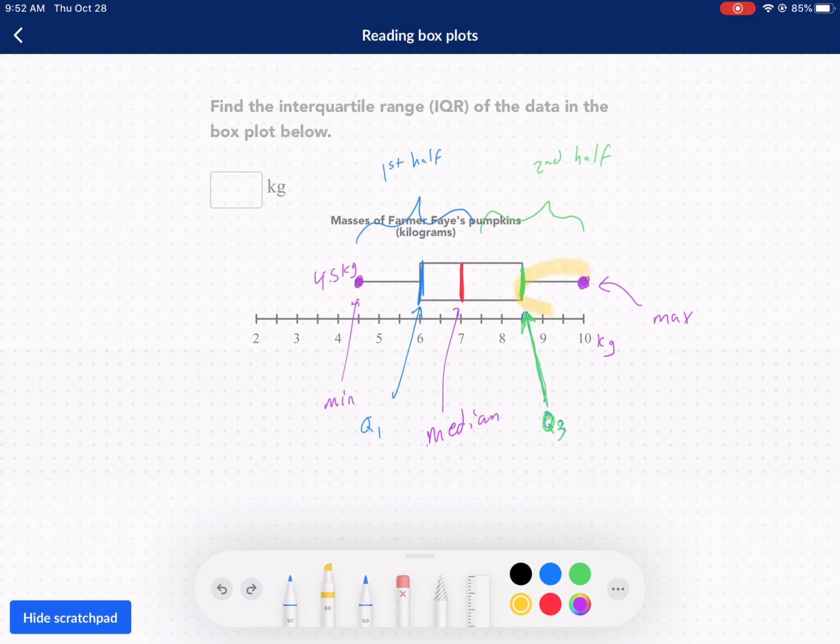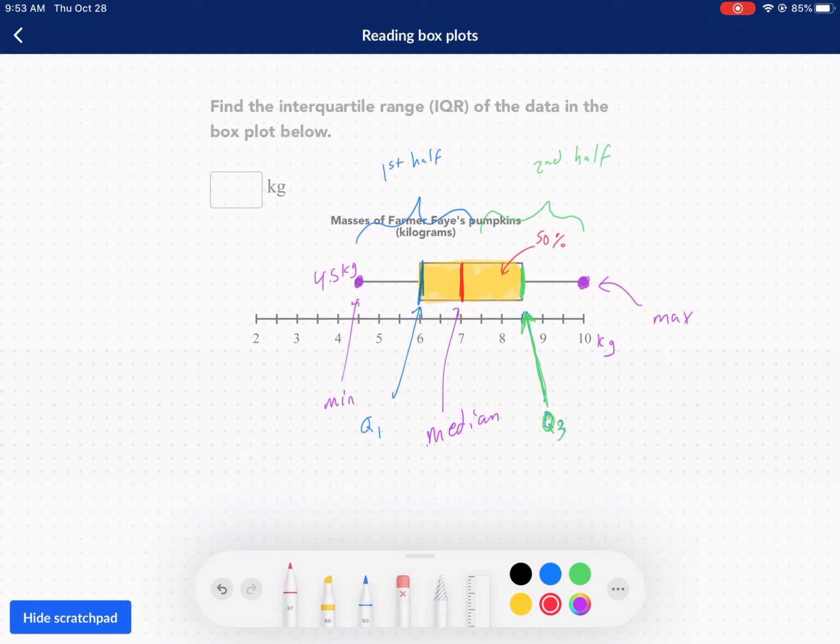The same thing here. And the coolest part is this box represents 50% of all the data. So 50% of the data lies right there.